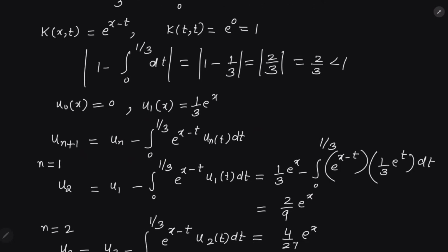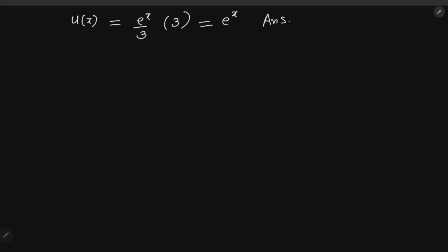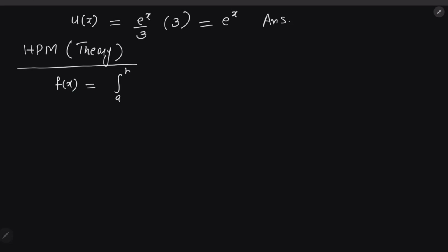Okay, suppose homotopy perturbation method theory. From this theory we get the particular formula that we can use: f of x equal to integral a to b of K(x,t) v(t) dt. This is our question.